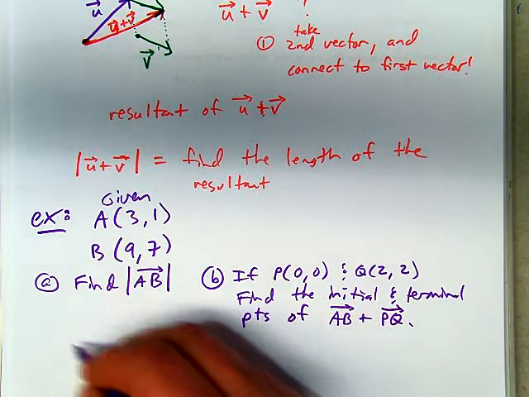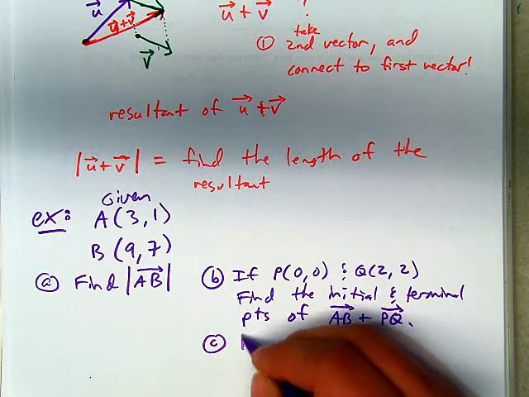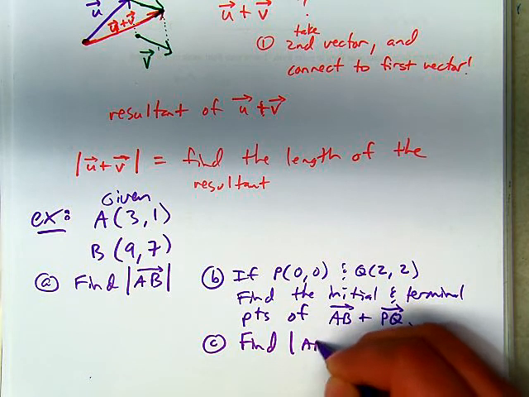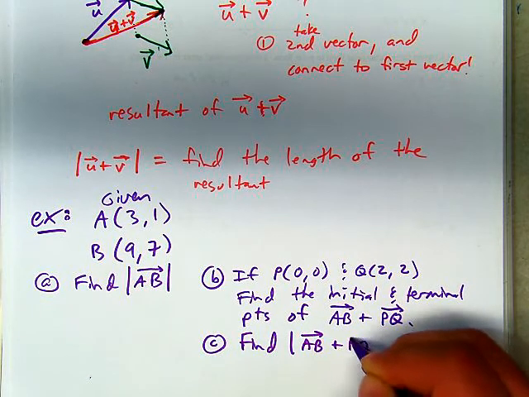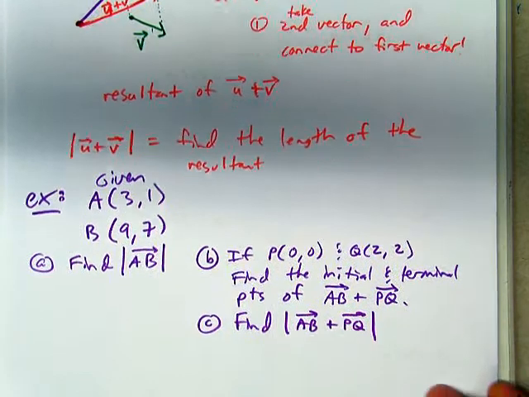And then the last thing we'll do is find the magnitude of AB plus PQ. Okay?